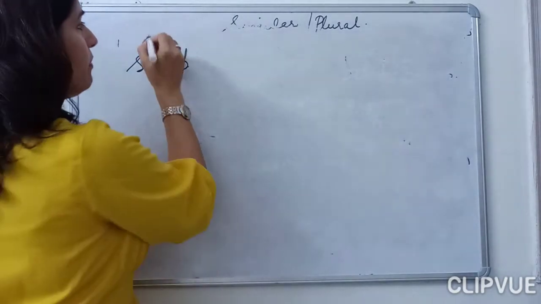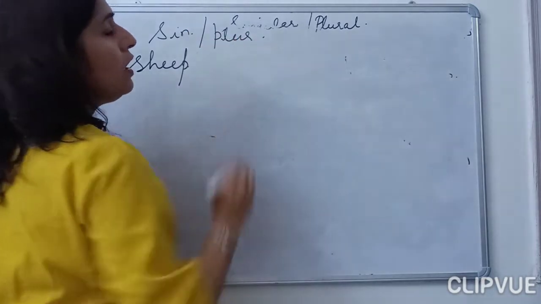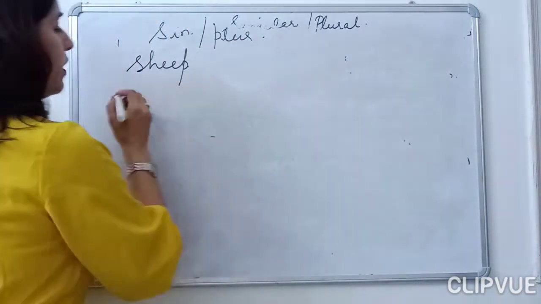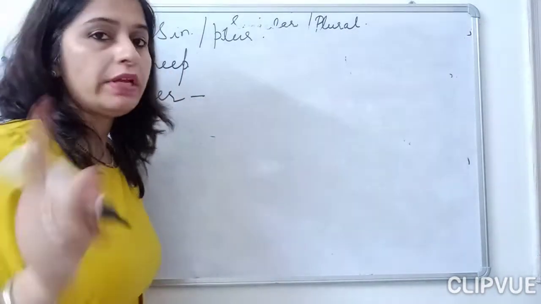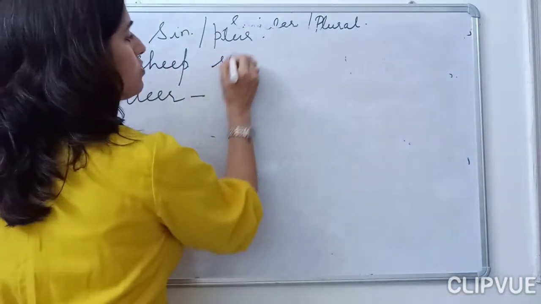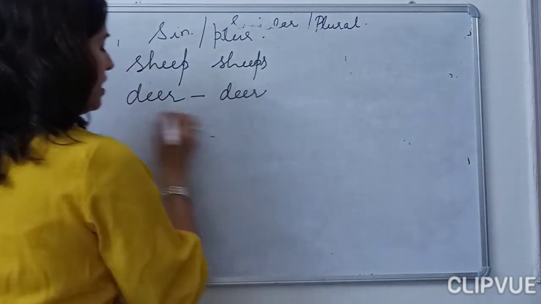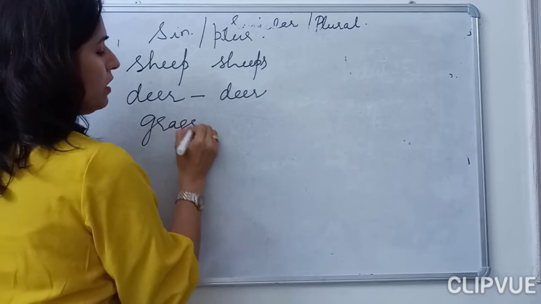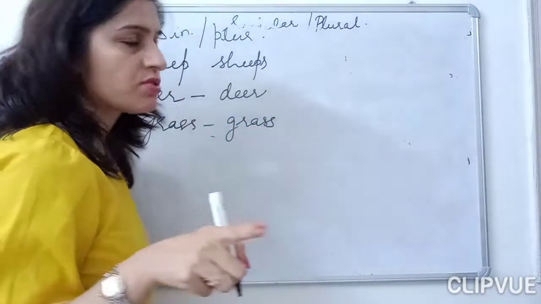Sheep can be both singular and plural. Deer is deer only. We don't write deers. Grass we write as grass only and not grasses, children.